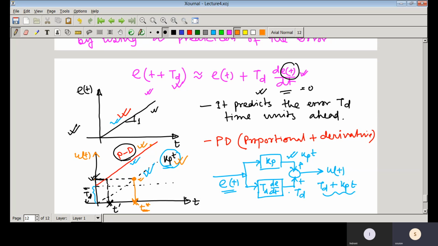But if you use a PD controller, you can see that the same amount of control input you get at t dash. So this t dash, what is this value? This value is equal to Td. So that means it predicts the error Td time units ahead.